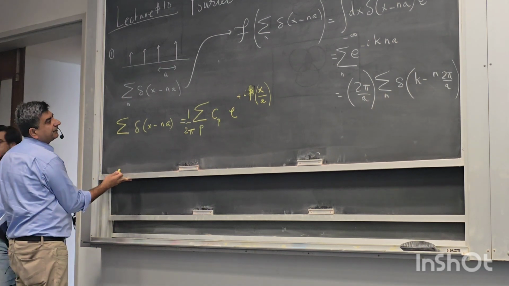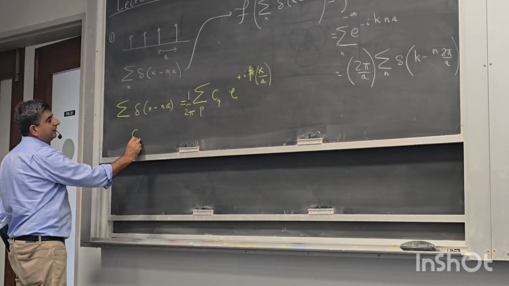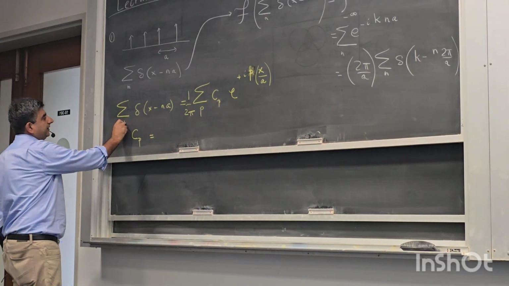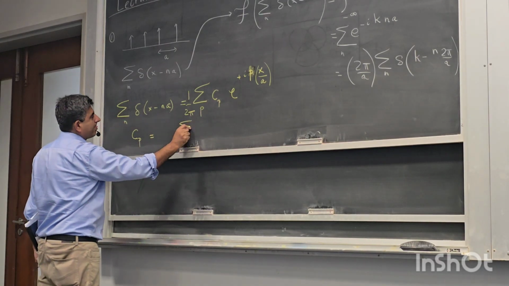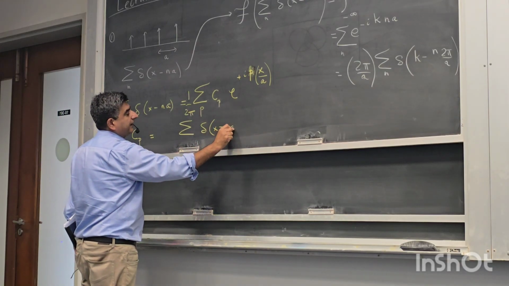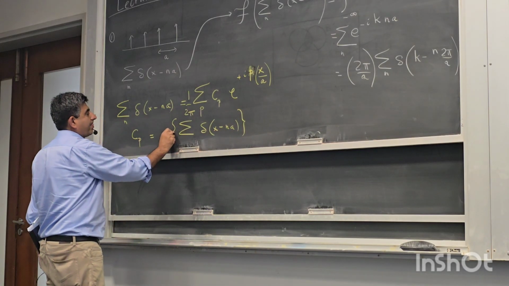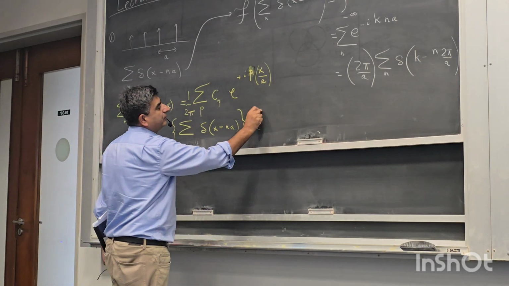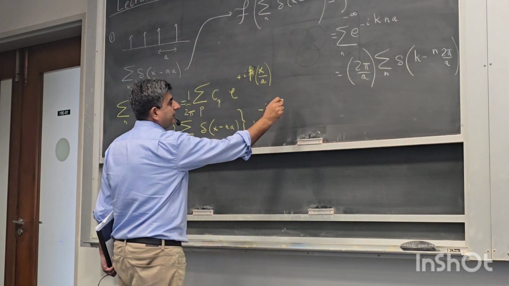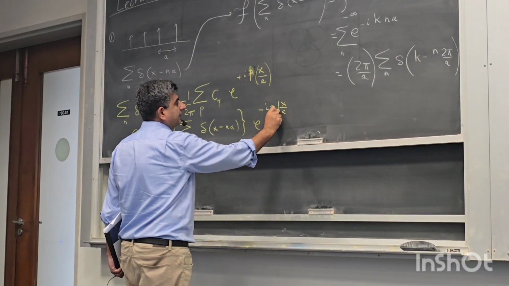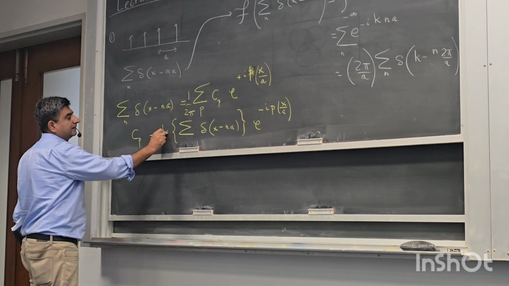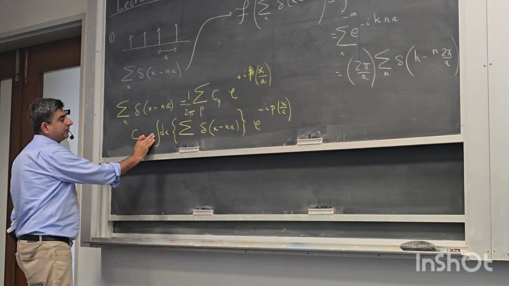So the C p, the Fourier coefficient, is given by this function delta x minus n a, e to the minus i p x over a, and you integrate this over x over a period.